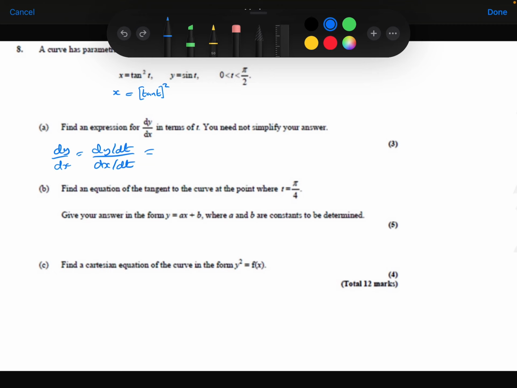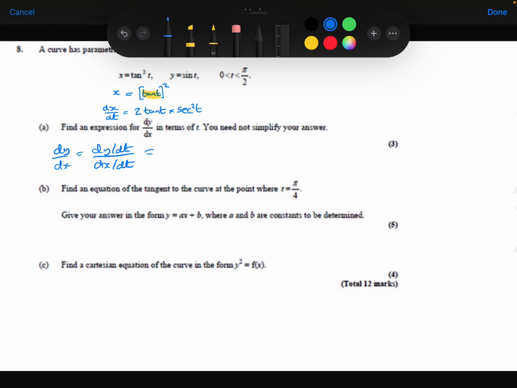So differentiating this with the chain rule, I'm going to differentiate the outside function first, so differentiate the squared part. So I'll get 2 times tan t with the power now being a 1. I now need to multiply this by the derivative of the inside function. The derivative of tan is sec squared. So that is my expression for dx by dt.